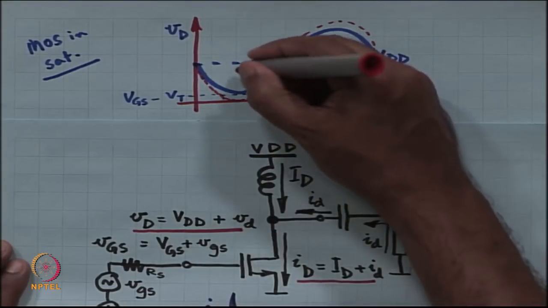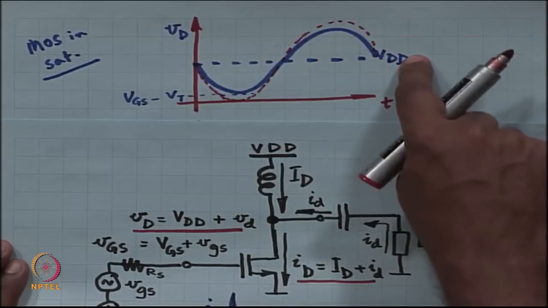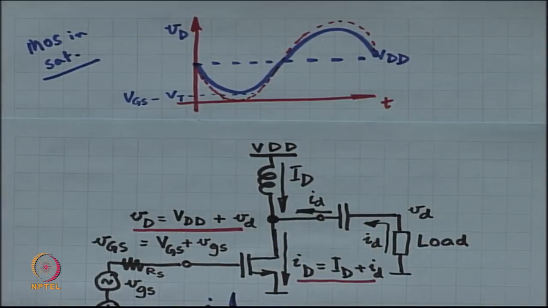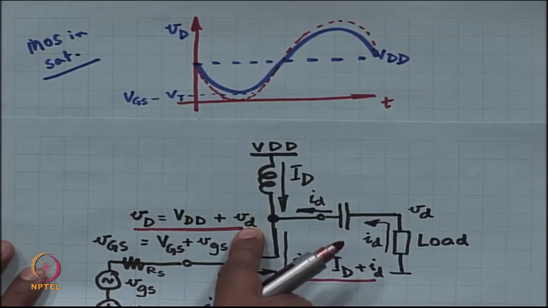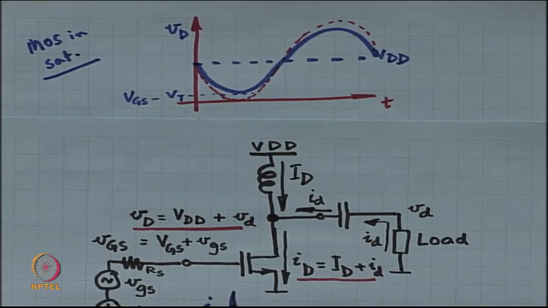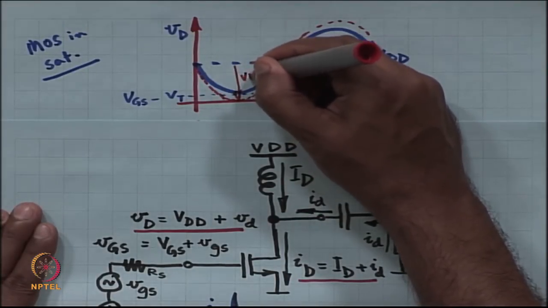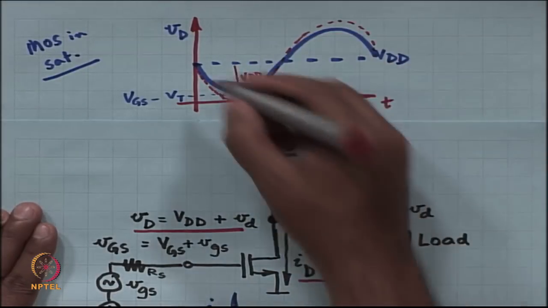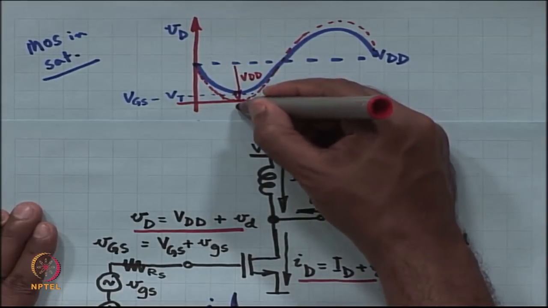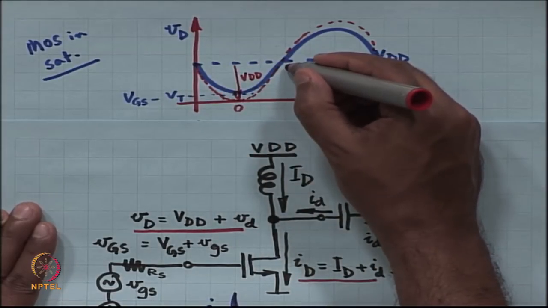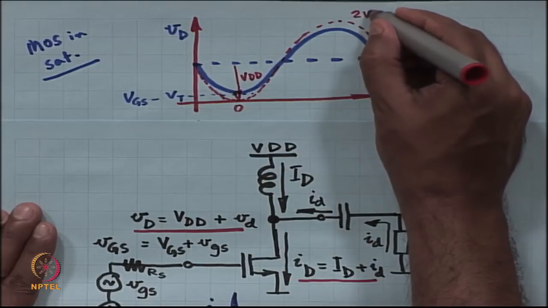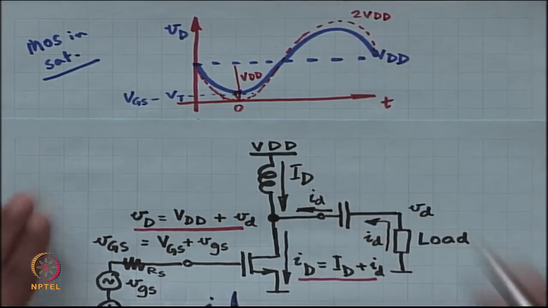So, in that case, the maximum amplitude of small v sub small d is equal to, so this is small v small d, right, VDD, and the extra stuff. What is the extra stuff? The extra stuff has an amplitude of VDD. So, it starts from VDD, comes down to 0, goes back to VDD, then goes all the way to 2 VDD, comes back to VDD.